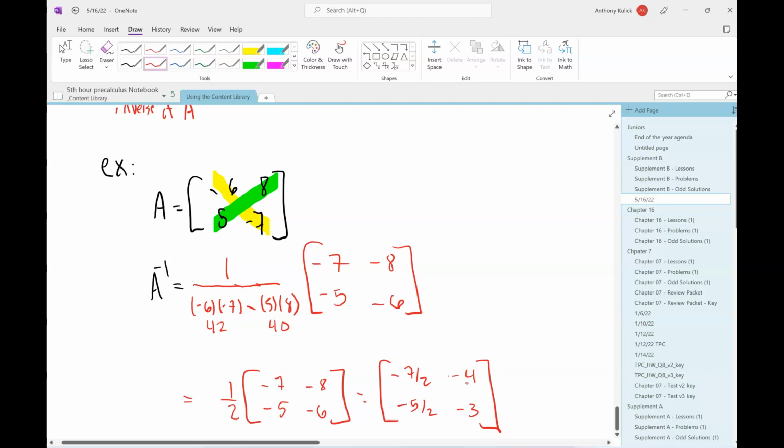Notice that the fractions I could reduce, I reduced, and the ones that I couldn't, I just left as fractions. Everybody okay with this? It's basically just a formula that you're following.